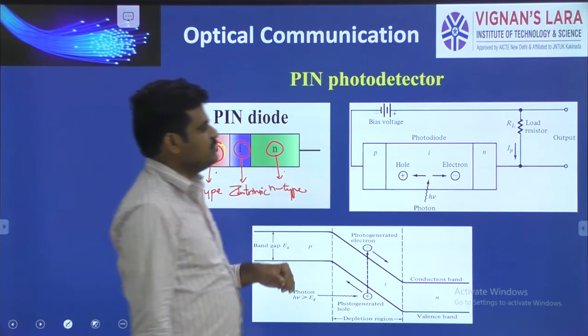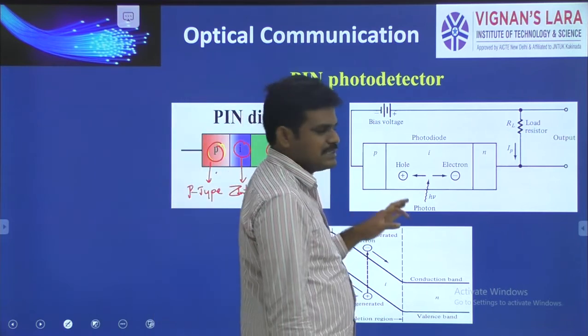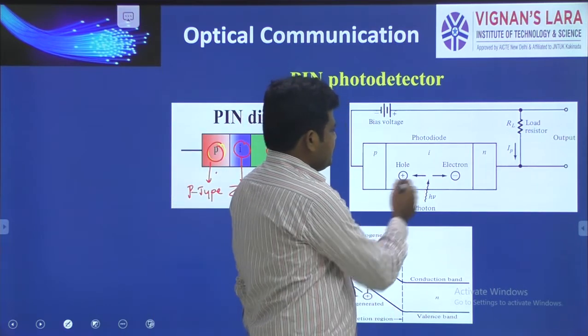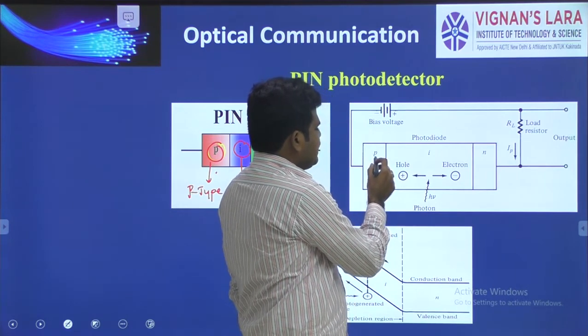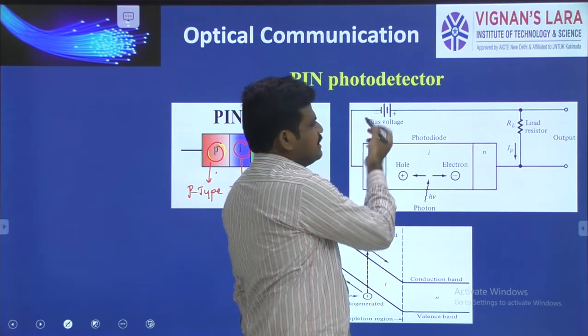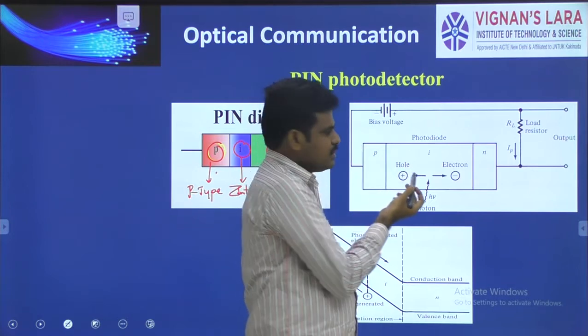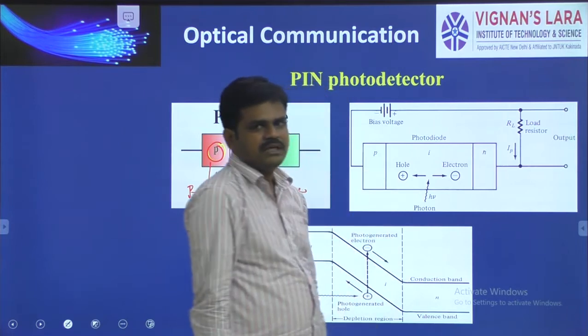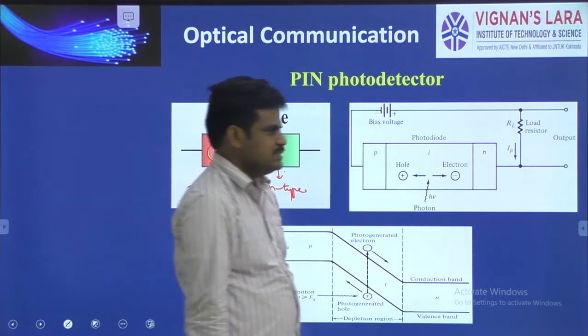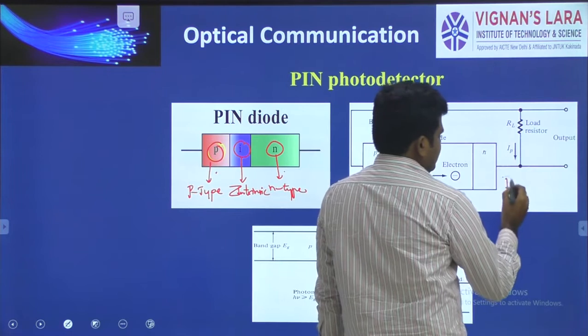You can see the circuit diagram here. It is a pin diode. The p-type material is connected to the negative terminal of the battery, and the n-type material is connected to the positive terminal of the battery. That means this is reverse bias.